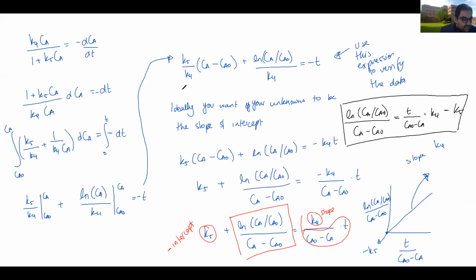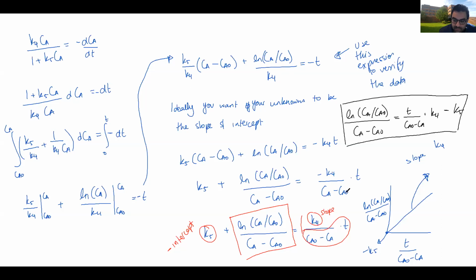So we integrated this, and we got, from CA naught to CA, CA minus CA naught plus ln of CA divided by CA naught is equal to minus K4 T. I divided by this term, so I get K5 plus ln of CA divided by CA naught minus CA naught is equal to minus K4 divided by CA minus CA naught.